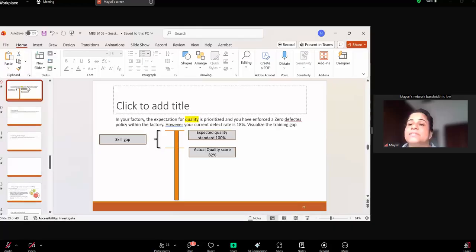So that is standard, right? If it goes above 5%, we are also not happy. Right? So we try to do something. So that we can do the gap analysis. Right? Expected pass rate is 80%. Actual pass rate is 50%. That can happen. 50%. So that there is a huge skill gap.